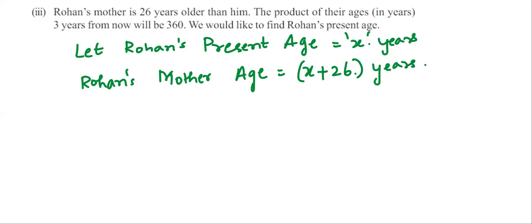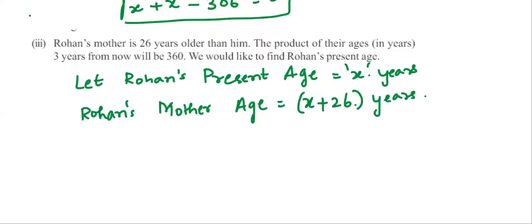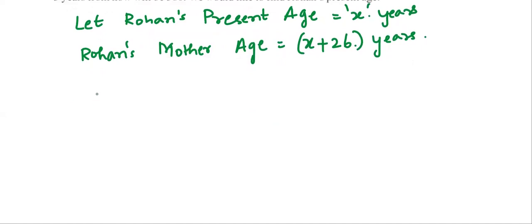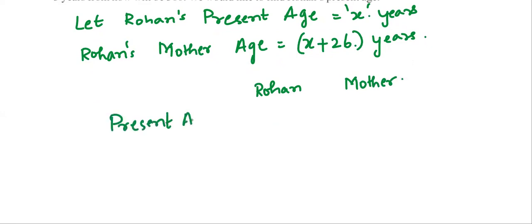Now I will put this in a tabular form so that it's easy for us to calculate. First, this is Rohan. Then this is Rohan's mother. Here we have the present age, and this is the age after 3 years.